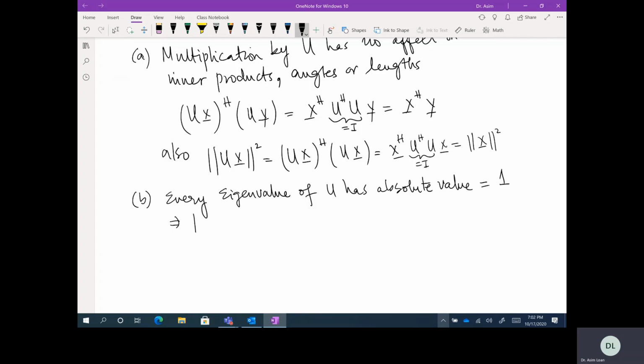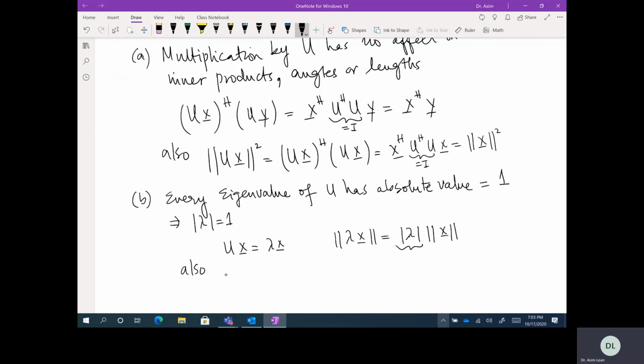That is, this implies absolute value of lambda is 1. So let's see. So U times X is some lambda X, and what is lambda X norm? This is simply absolute value of lambda times X norm, from chapter 3, and this is X norm.